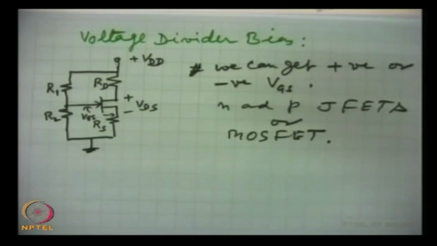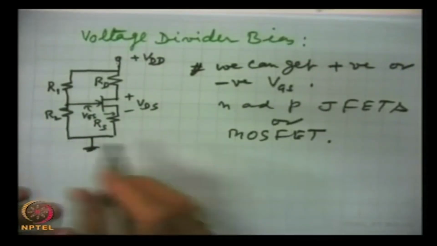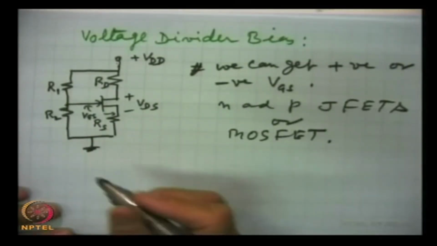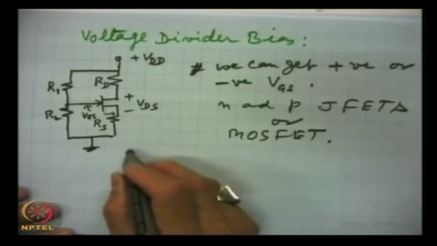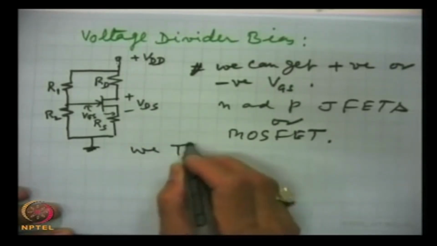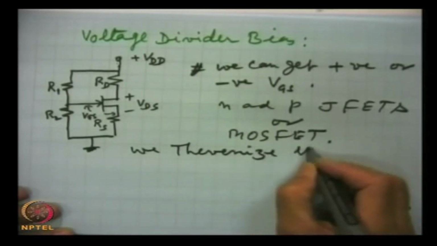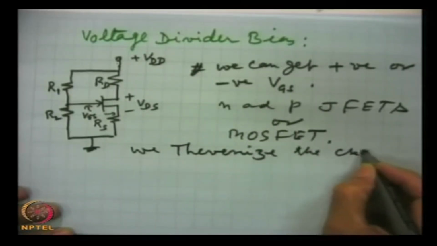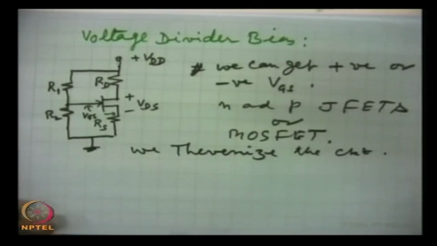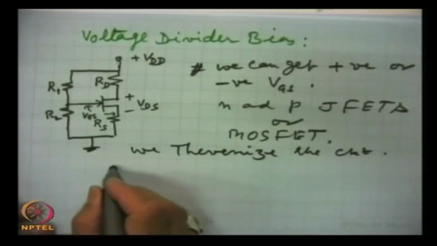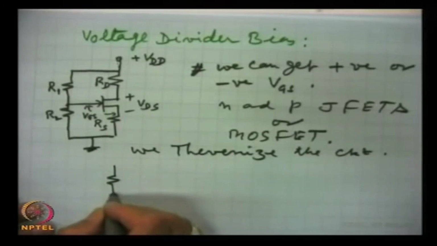This circuit, first we Thevenize it, by applying Thevenin's theorem, we Thevenize the circuit, and what we get is this. The Thevenized circuit is this.